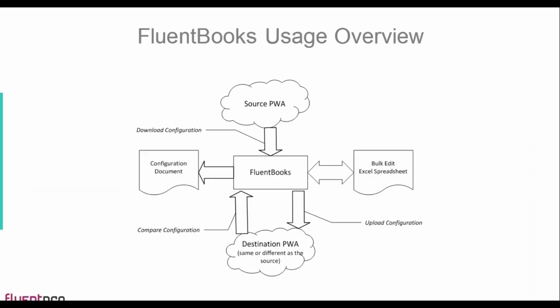So for those of you that haven't seen it before, we're going to show you today FluentBooks. It's a high-level architecture overview here, fairly straightforward in terms of what it accomplishes. Basically, you have a client that resides on a machine. Usually it's an administrator.